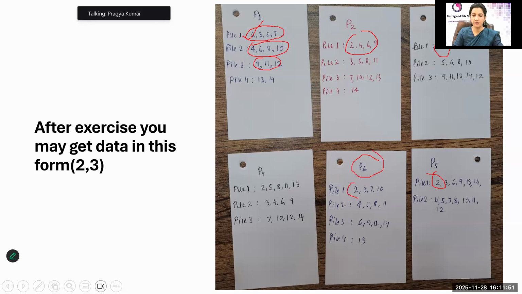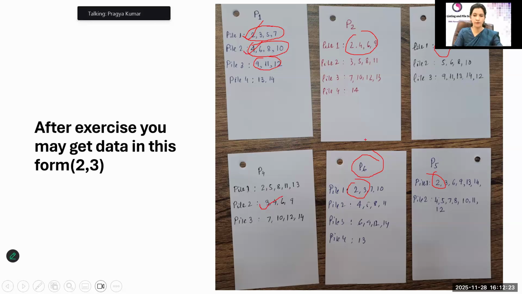So that means there is some shared similarity between items 2 and 3, because out of 6, 4 people are keeping items 2 and 3 in one pile. Similarly, items 4 and 6 were put together by participant 1, and then participant 4 also. So these are the data which you might get like this.